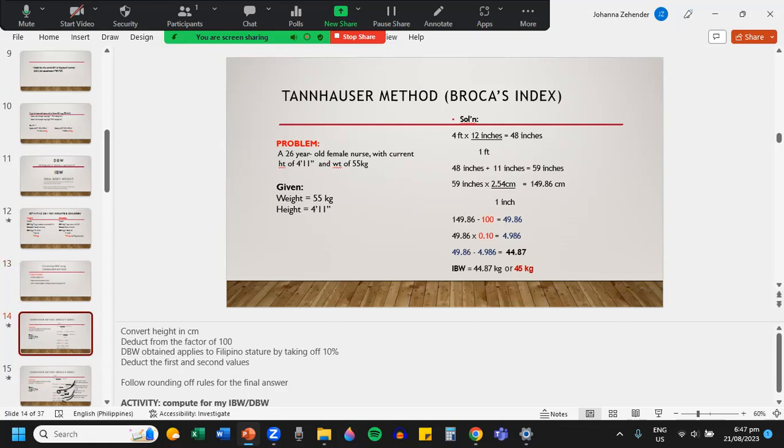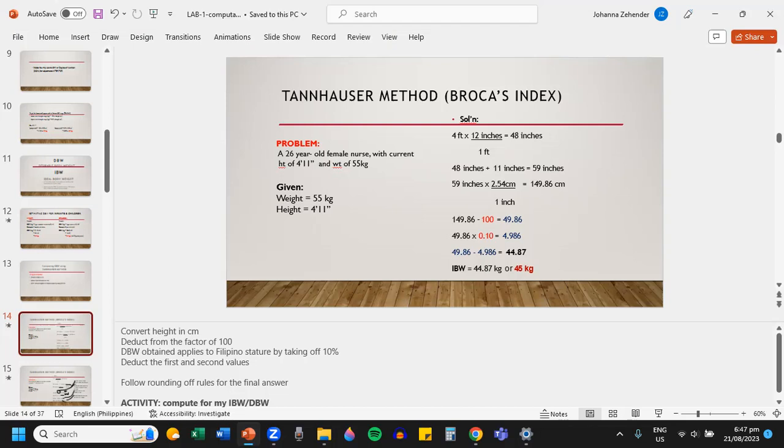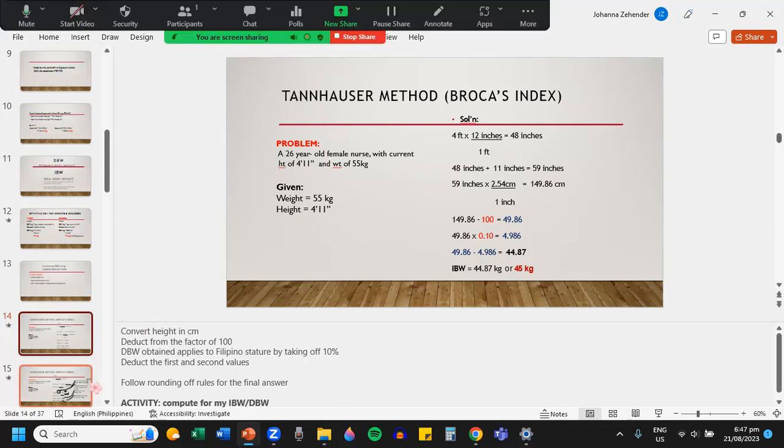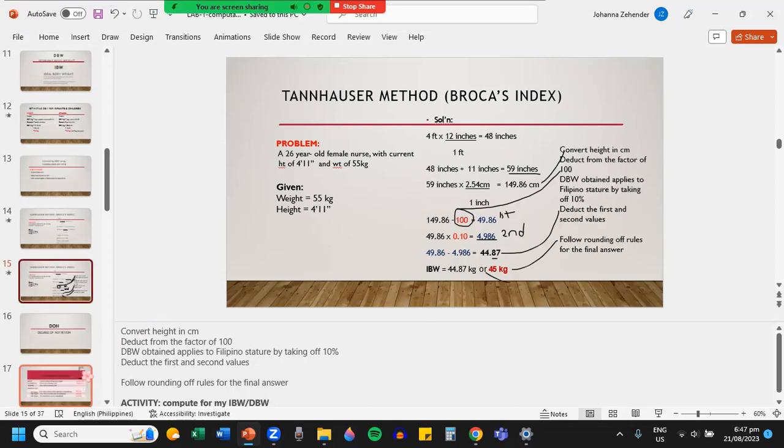So again, same problem: a 26-year-old female nurse with current height of 4 feet and 11 inches and a weight of 55 kilograms. Again, you're going to convert the patient's height from feet to inches and then from inches to centimeters. For you to have a more detailed view of this solution, you're going to solve for it this way.